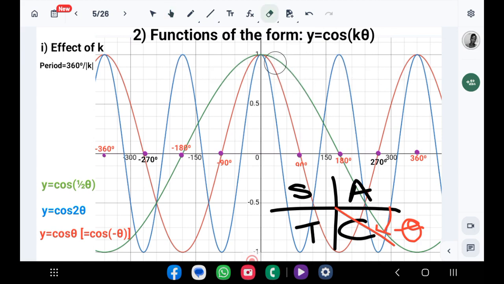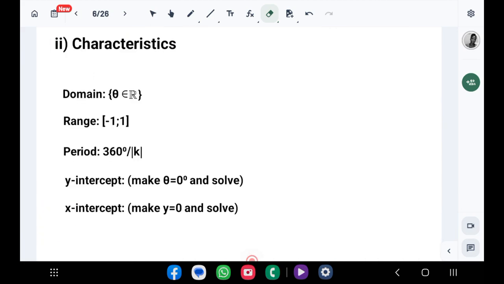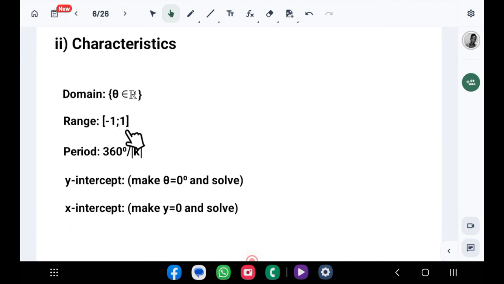Now let's look at an example to illustrate all the knowledge that we've learned. But before we do that, let's look at the characteristics. The domain is basically all elements of real numbers. The range, because your amplitude is 1, will be between -1 and 1.